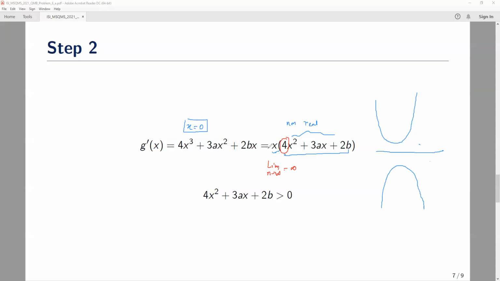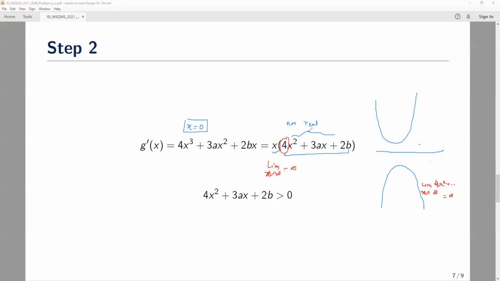If it's negative, then it's negative. So in this case, as x tends to infinity, the polynomial will go to infinity times the sign of this leading coefficient. Since it's positive here, it must go to infinity, therefore it's positive.